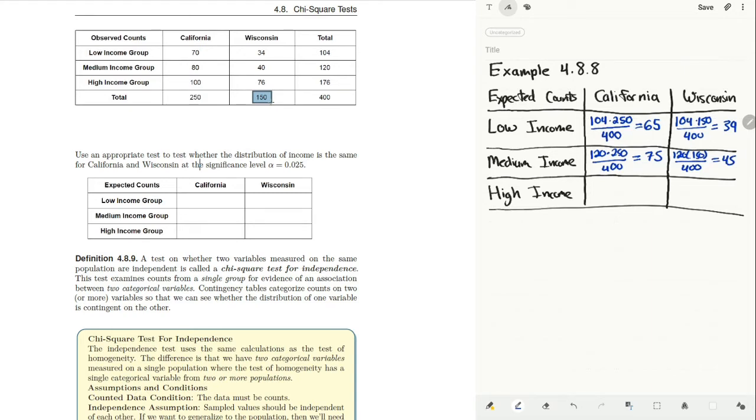And then the high income group in California, we take 176 multiplied by 250 and divide by 400, which gives us 110. And then the high income group in Wisconsin, we have 176 times 150 over 400. And this is 66. So now let's write the hypotheses for our test.